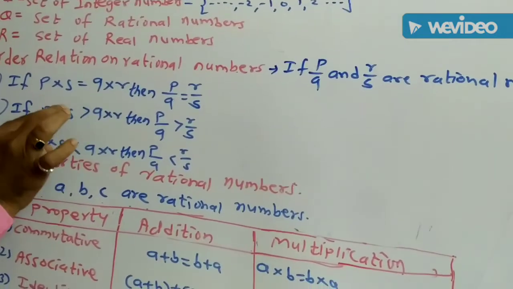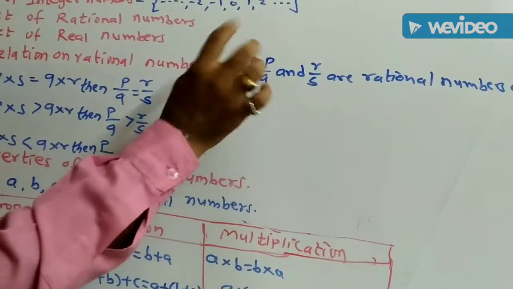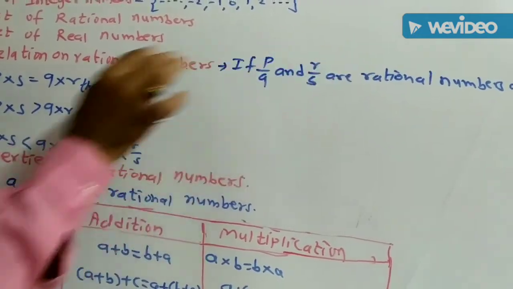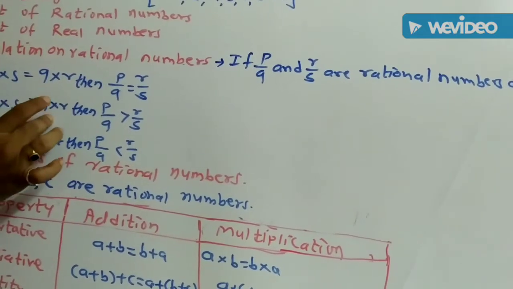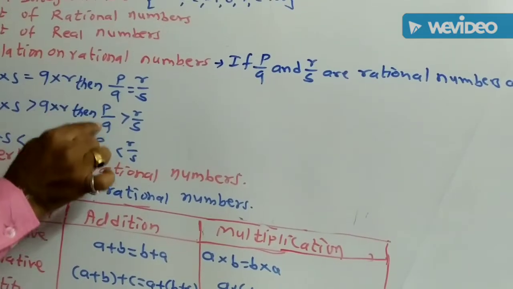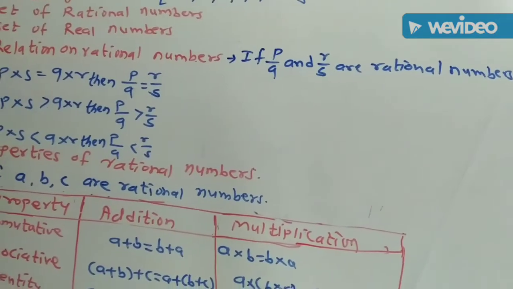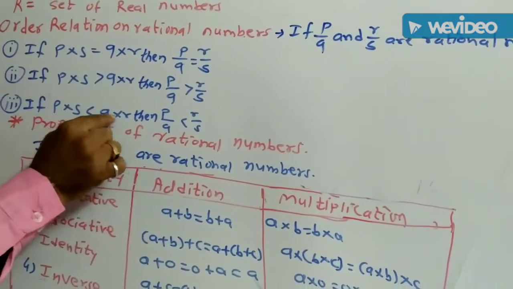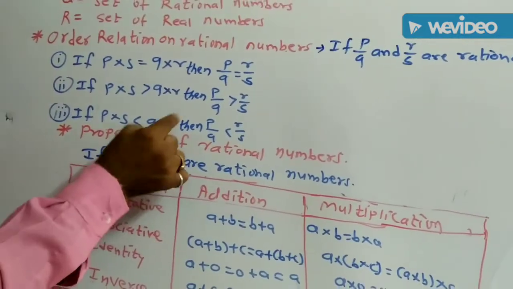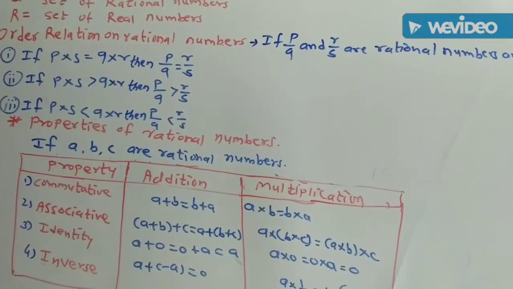If the first product PS is greater than the product QR, that means the first product is greater than the second, then the first rational number is greater than the second rational number. If the first product, that is P into S, is less than the second product, that is Q into R, then the first rational number is less than the second rational number.